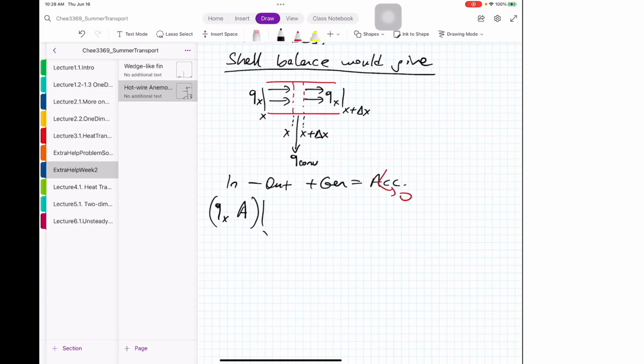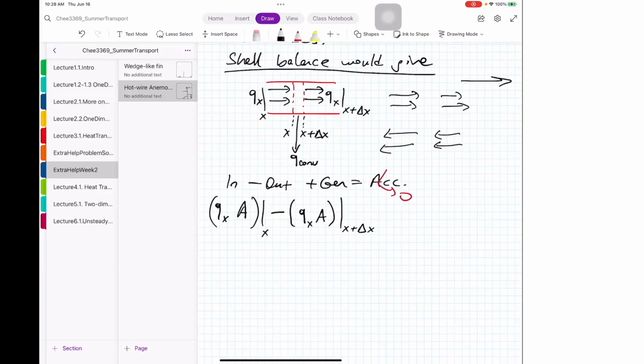It's not a function of x. I can keep it in the parentheses or take it out of the parentheses, doesn't matter for this problem. Minus what's getting out, the conduction, Qx at x plus delta x. Note that I'm drawing the Qx's in this direction because my positive z direction is towards the right. That declares which way I should place the Q arrows.